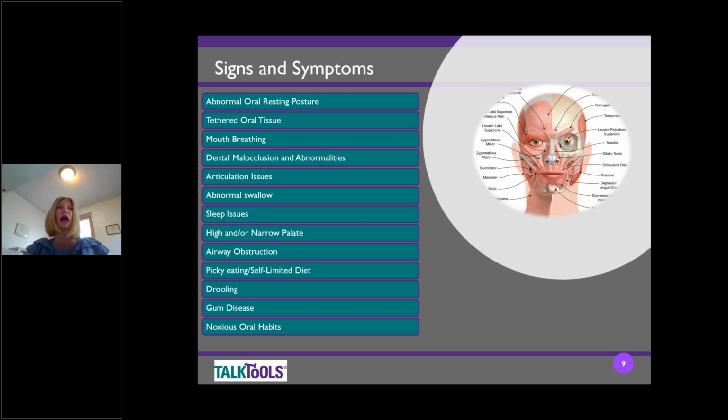They can have a limited phonemic inventory, abnormal swallowing patterns, sleep issues, high or narrow palate. That lets us know the tongue is not resting properly. Airway obstruction, that would be enlarged tonsils, enlarged adenoids, narrow airways of the nose, deviated septum would fall in that category. Picky eating or self-limiting diets.